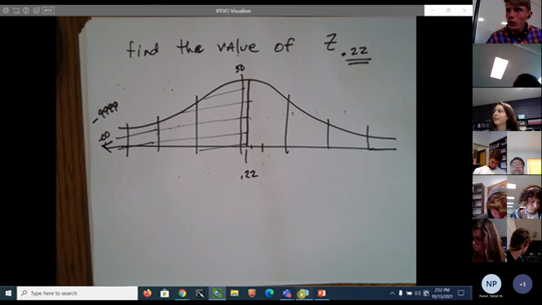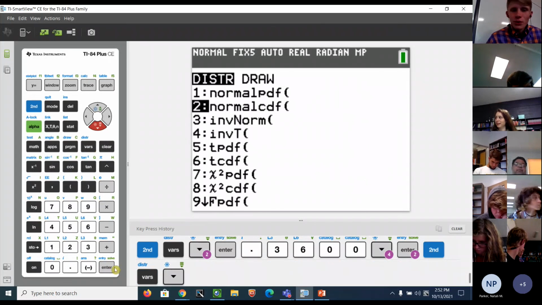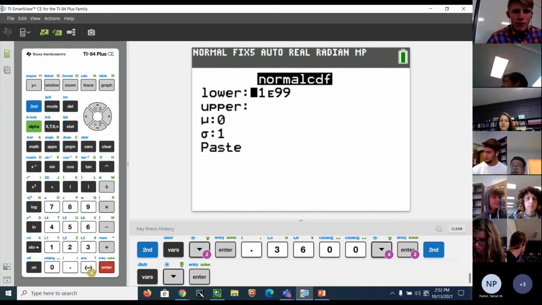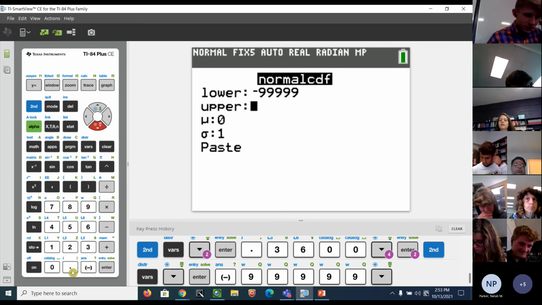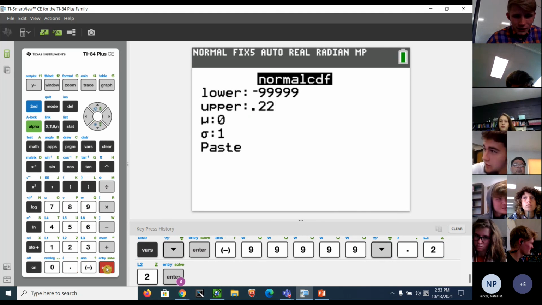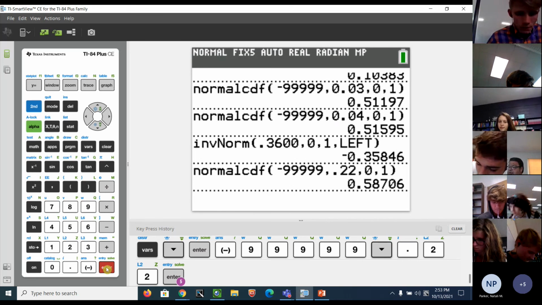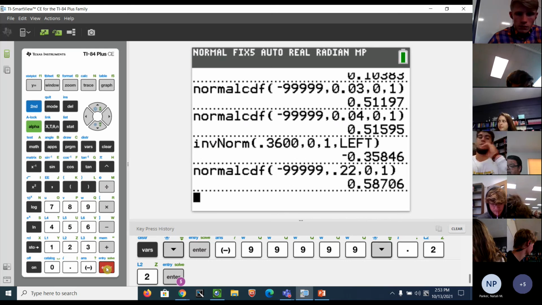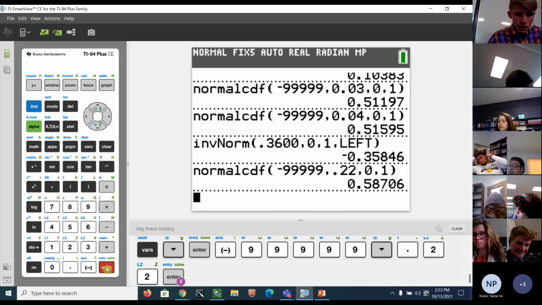So normal CDF, second bars, normal CDF, negative 9999 to 0.22. 0.58706. Round accordingly. Since this is an area, I'm going to round it to 4. 0.5871. And it should be your answer.